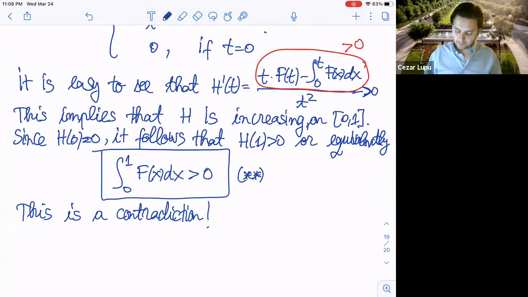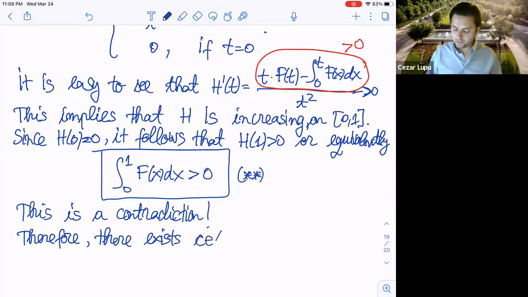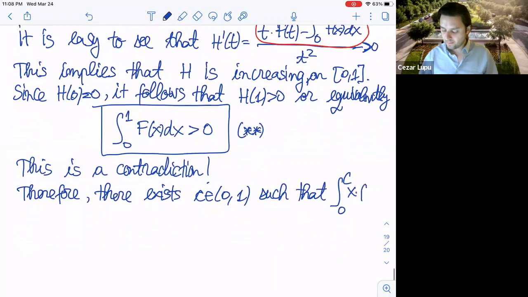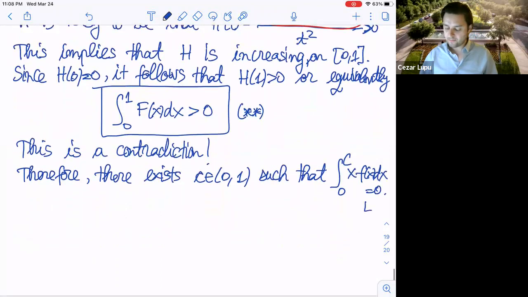So therefore, there exists a C in 0, 1 such that the integral from 0 to C of x f of x dx is 0, and we're done.